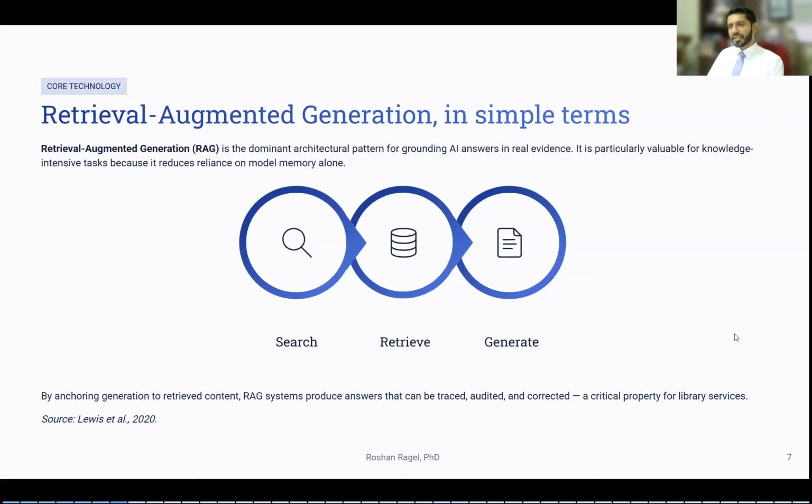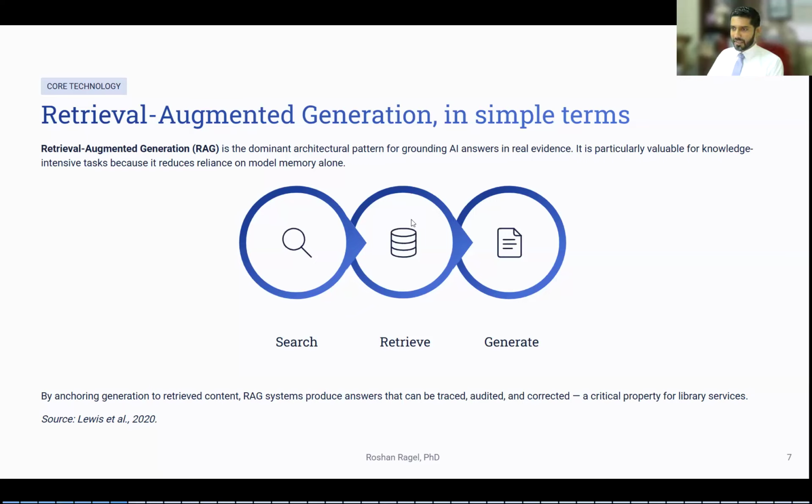This idea is applied in every other field, like medicine, engineering, and other places where you want trusted data, or even research. When you want trusted items to be generated, we follow what is known as the RAG model, so that what we generate is not from anything that's out there, but from a trusted set of resources.